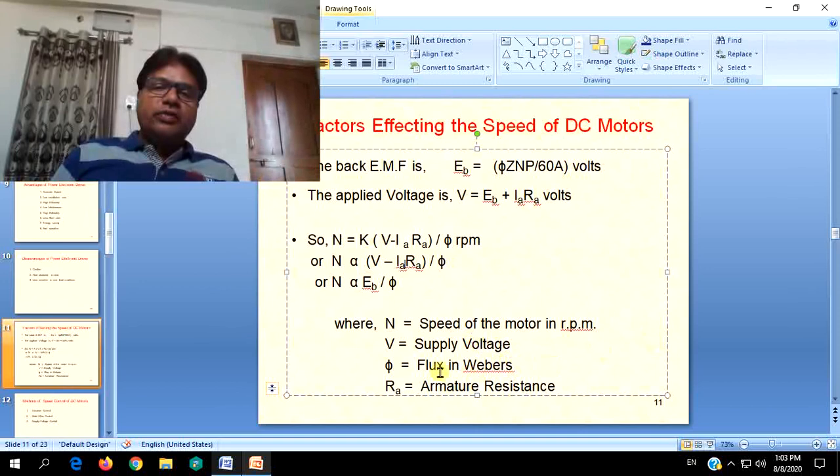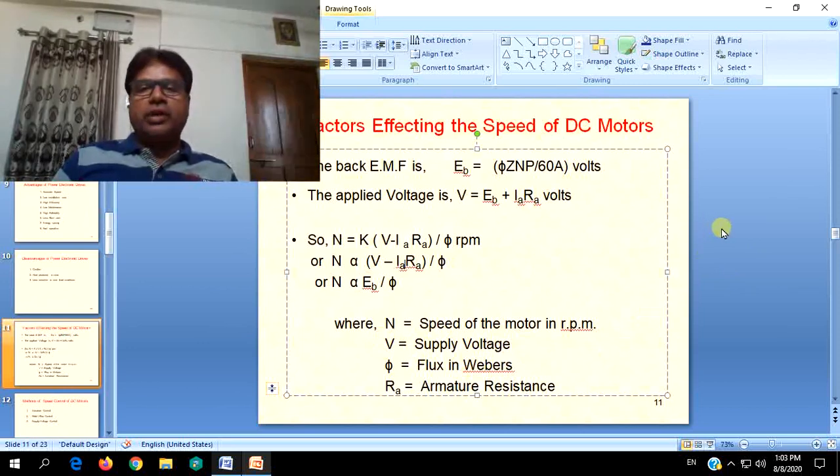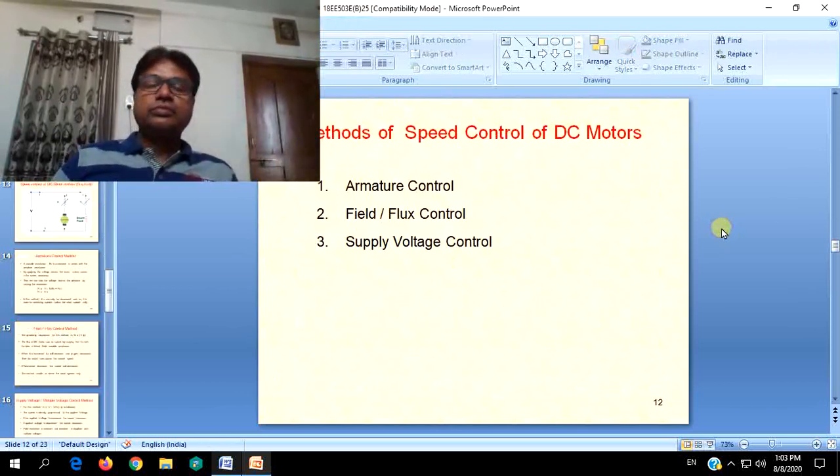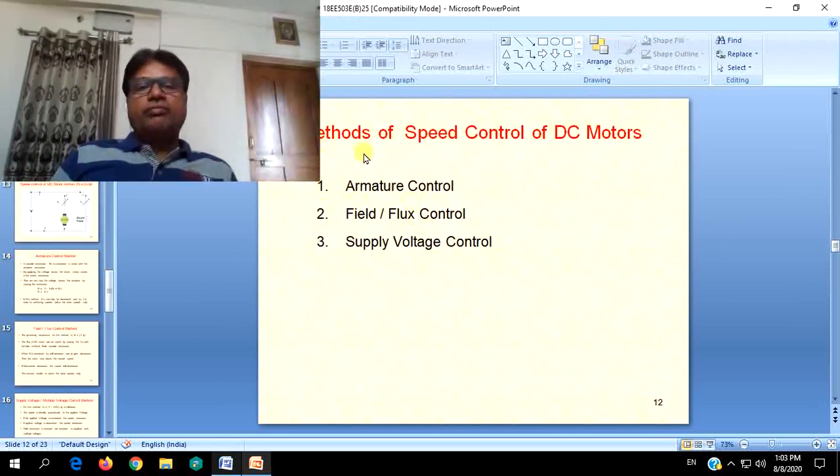That is, if you feed more voltage across the armature, more speed can be achieved. So depending on these three factors, mainly you will be following certain control procedures. They are called armature control, wherein you will be controlling the voltage reaching the armature, field or flux control, and supply voltage control.